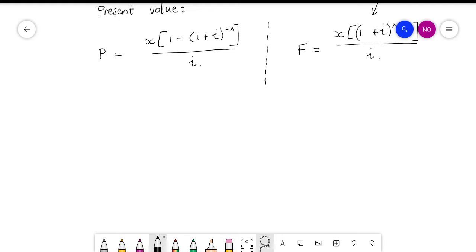Let's get started. I'm at exercise 3. Number 3.